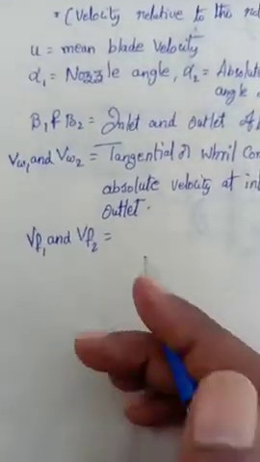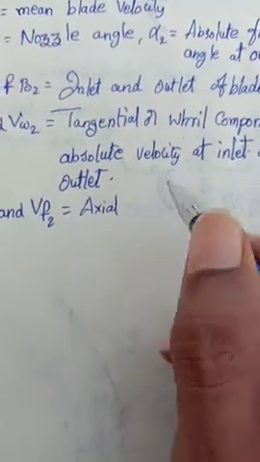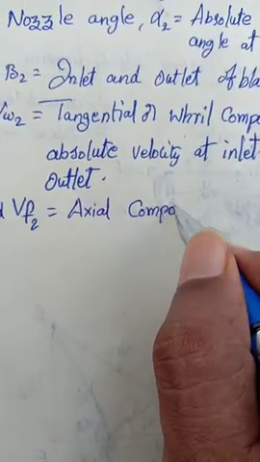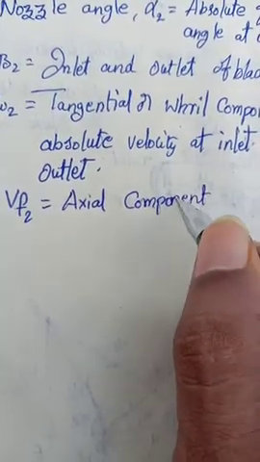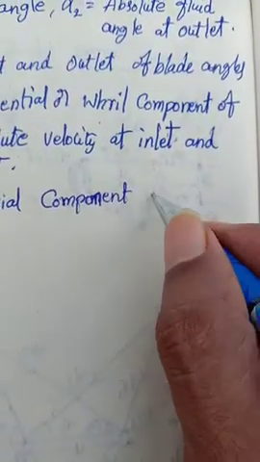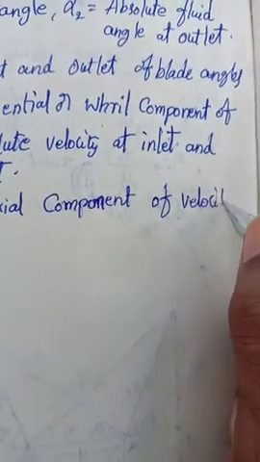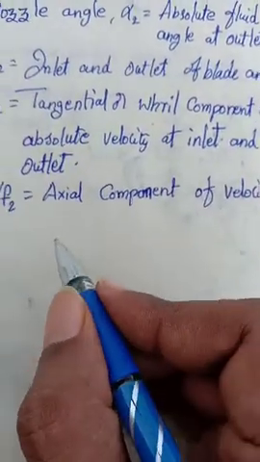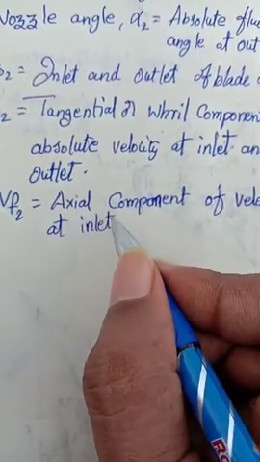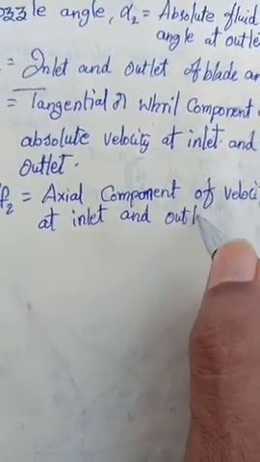It is the axial or flow component of velocity at inlet and outlet.